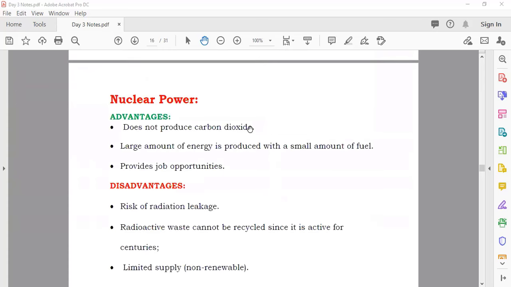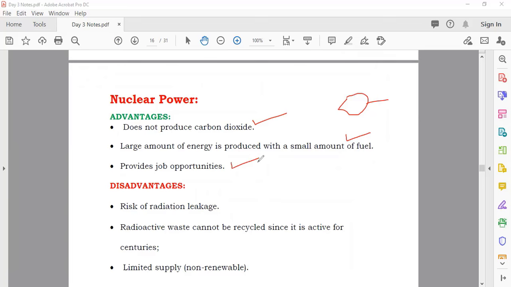Yes. Okay. After that, you have nuclear power. This is when you use uranium. Advantages: it does not produce carbon dioxide, so no emission. A large amount of energy is produced with a small amount of fuel. A small amount of uranium can produce a large amount of heat.